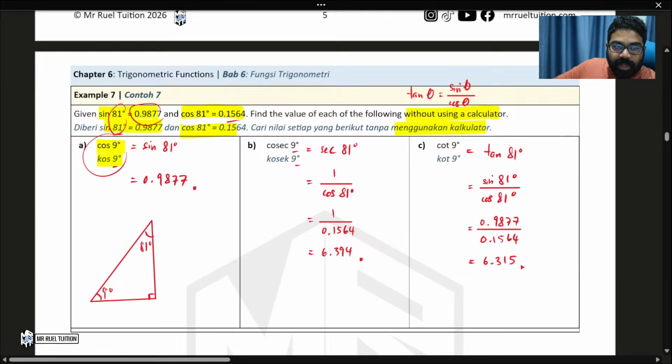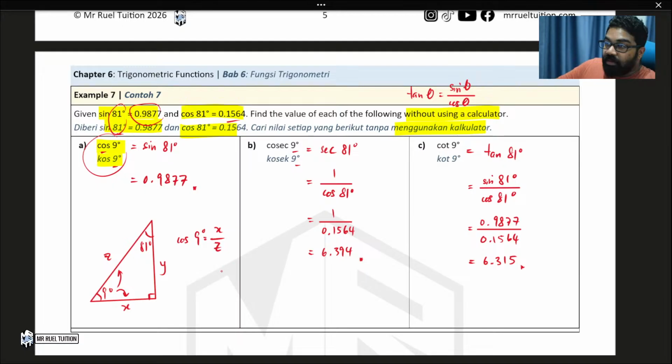Okay. So 9. Cos of 9. Cos 9 ialah apa? Cos of 9 will be adjacent x. Let's just put x, y, z lah. Okay. Cos of 9 will be x per hypotenuse. X over z, isn't it? Cos of 9 is x over z. Betul tak? So what is x over z for 81? Untuk 81, x ialah sudut bertentangan.